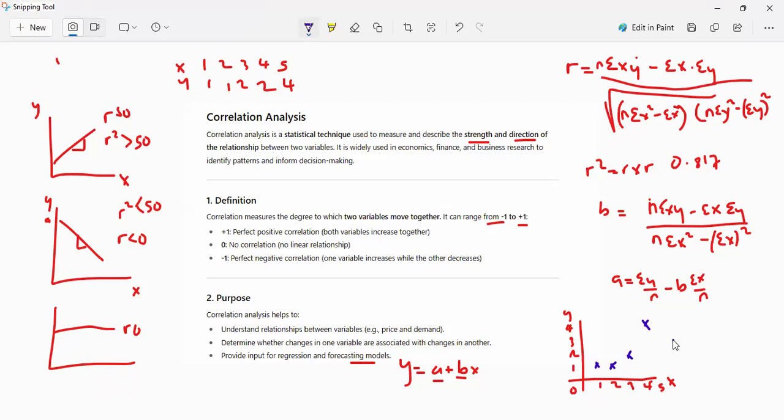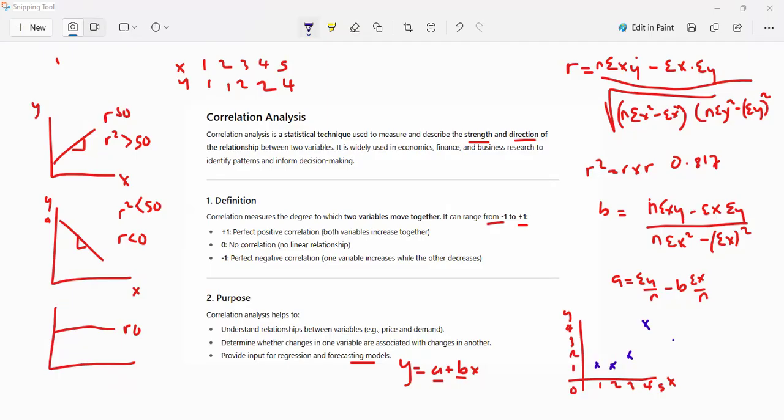Are we together? So in that case, we now get to business, to calculating these particular values. Now, how do we calculate the R and how do we calculate the B and how do we find all those figures?